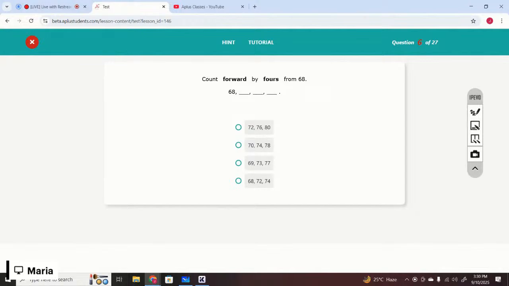Count forward by 4s. It would be 68, 72, 76, and 80.